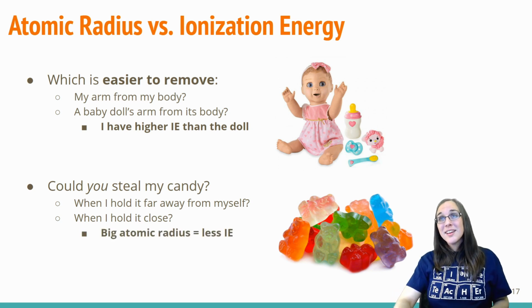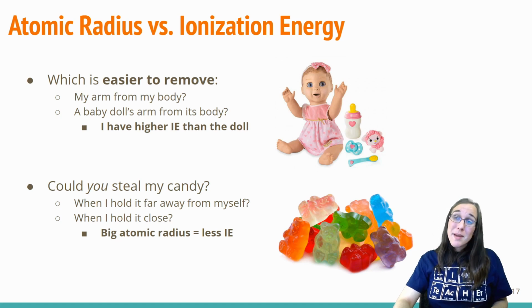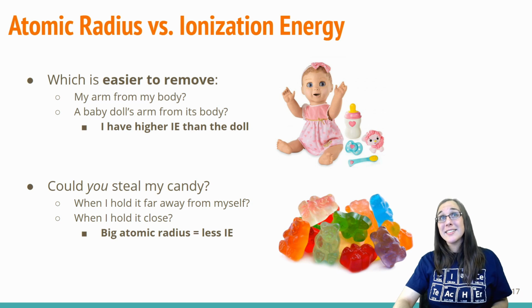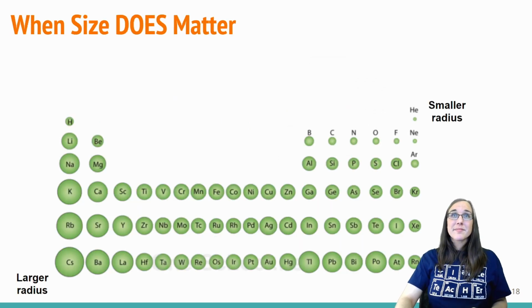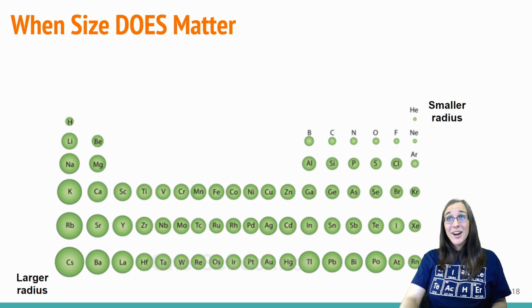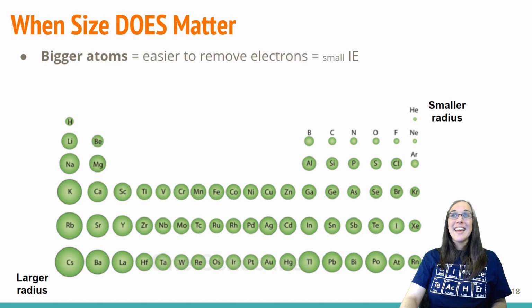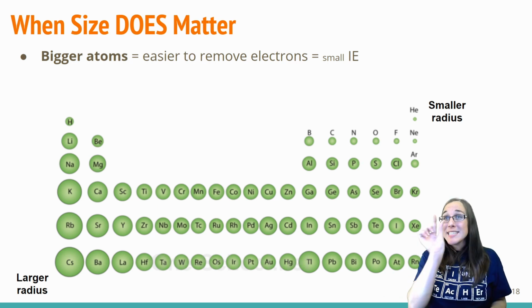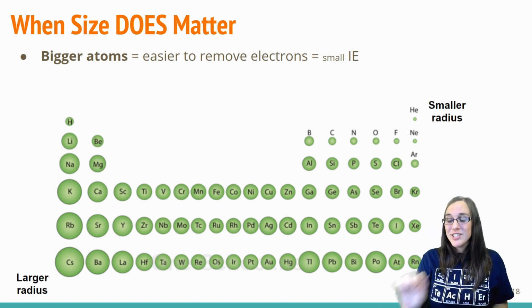In other words, the trend that you need here is that a big atomic radius is equivalent to less ionization energy. So this is a time when size does matter. Yes, bigger atoms mean that it is easier to remove electrons, meaning you have a small ionization energy.